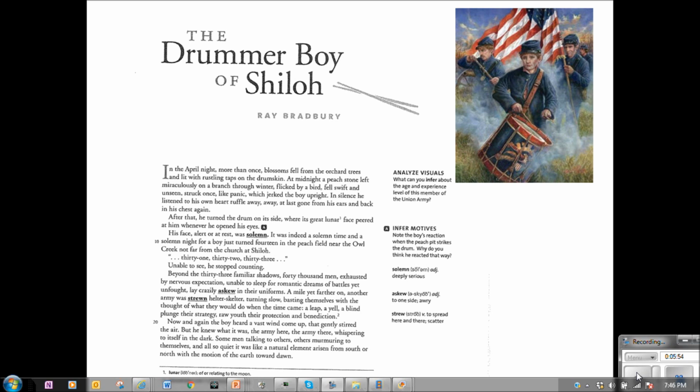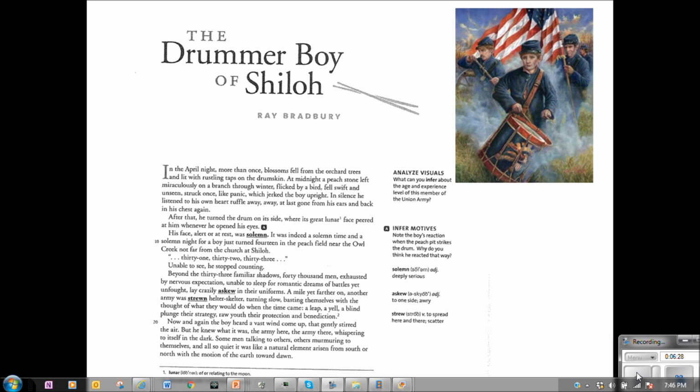It was indeed a solemn time and a solemn night for a boy just turned 14 in the peach field near the Owl Creek, not far from the church at Shiloh. 31, 32, 33. Unable to see, he stopped counting. Beyond the 33 familiar shadows, 40,000 men, exhausted by nervous expectation, unable to sleep, for romantic dreams of battles yet unfought, lay crazily askew in their uniforms.